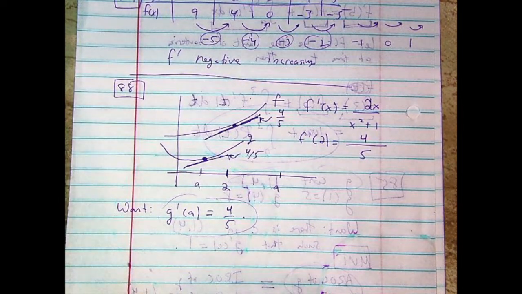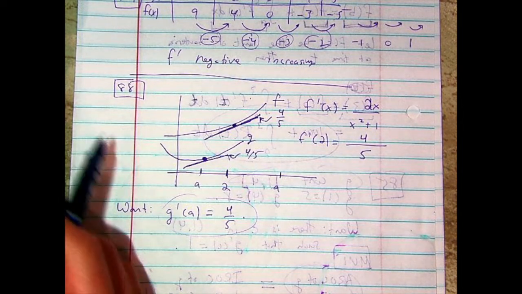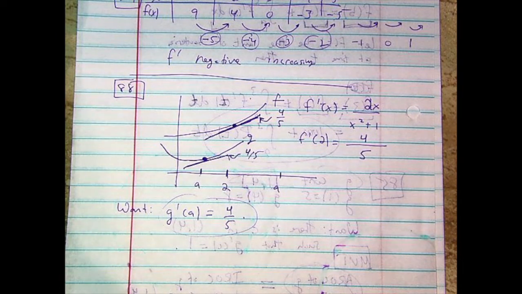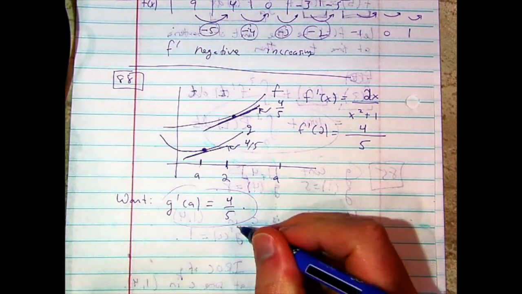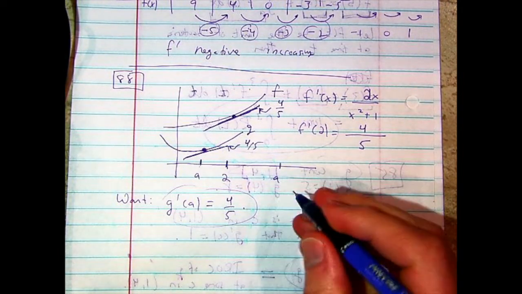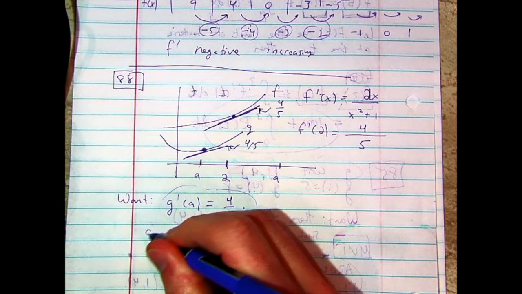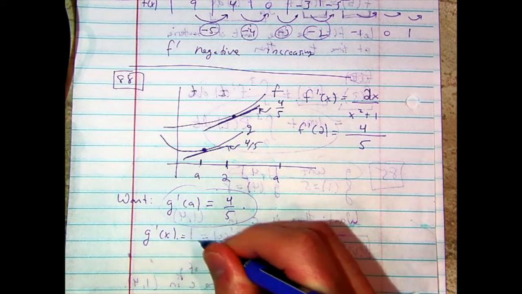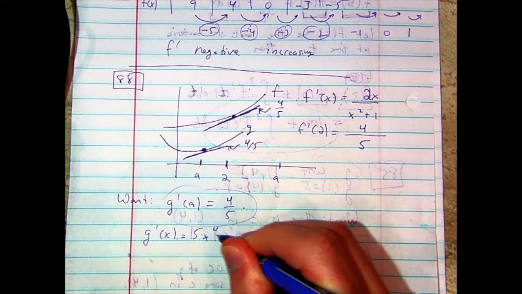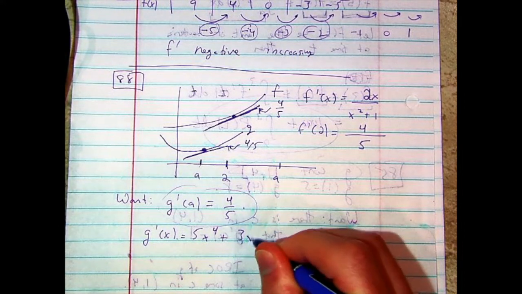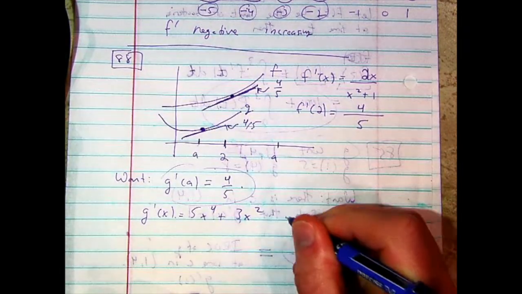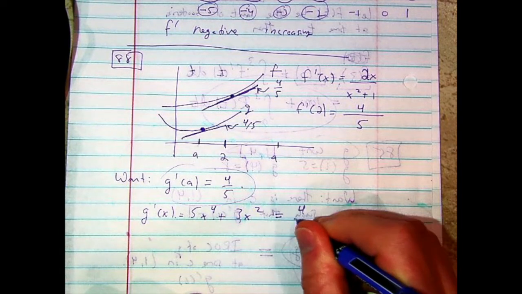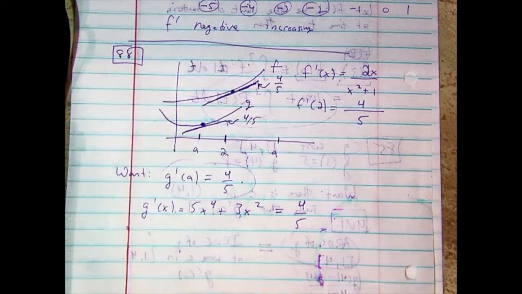So let's go ahead and do that. G is given by the function x to the 5th plus x to the 3rd. So G prime of x would be 5x to the 4th plus 3x squared. And what I have to do now is set this thing equal to 4/5 and solve.